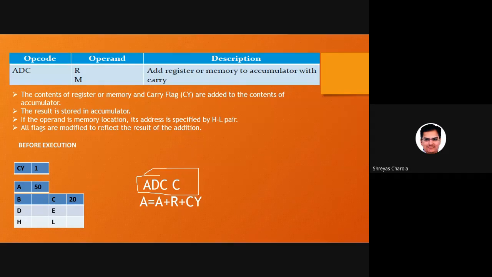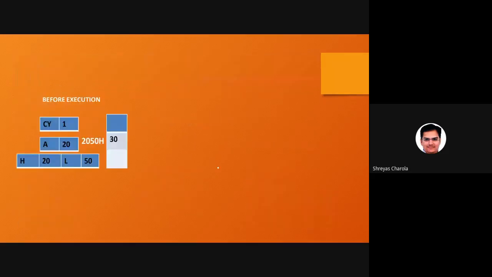Okay then, fine. So answer is 71. Let's suppose if I write like this, what is the answer in the accumulator?